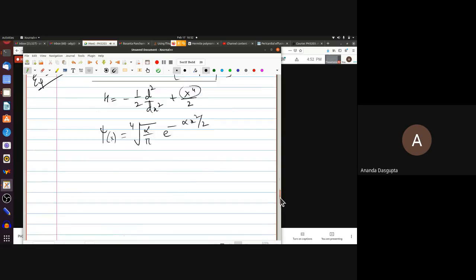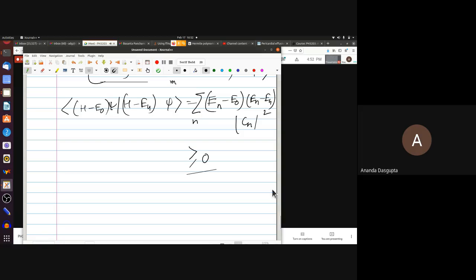That is the sum that we started with, En minus E0 times En minus E1 times Cn mod square, sum over all n from 0 to infinity, is greater than or equal to 0. That is the inequality that really was the base of the method.